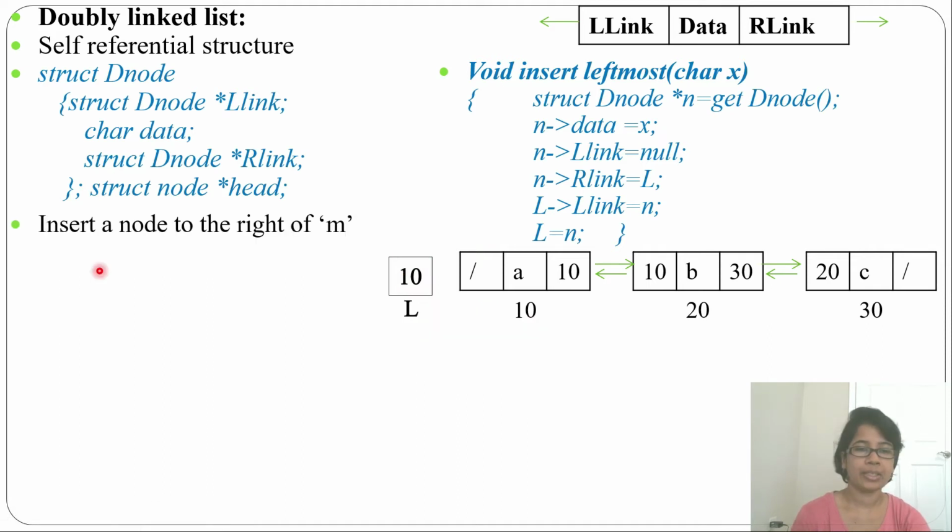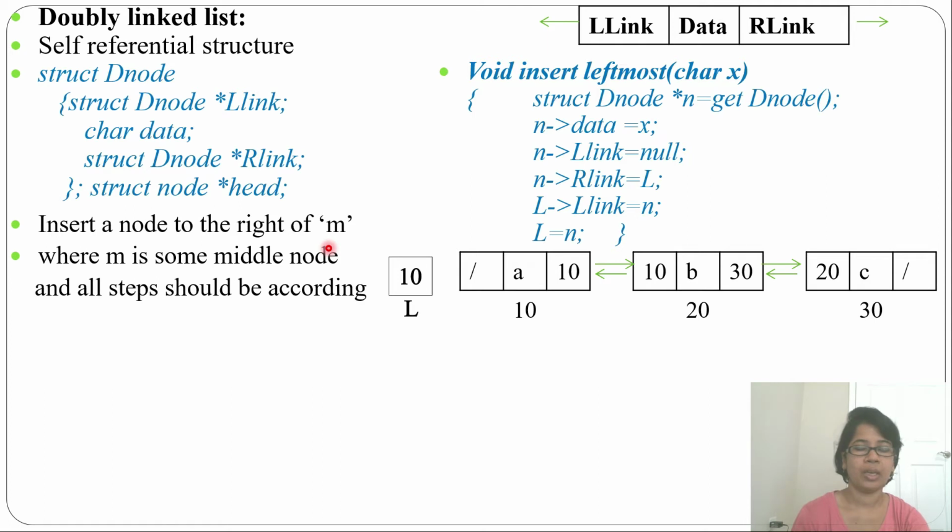Next, insert a node to the right of m, where m is some middle node and all steps are according to the new node. Suppose one pointer is pointing to some node m and you want to insert something after m, how will you insert? Let this be m.